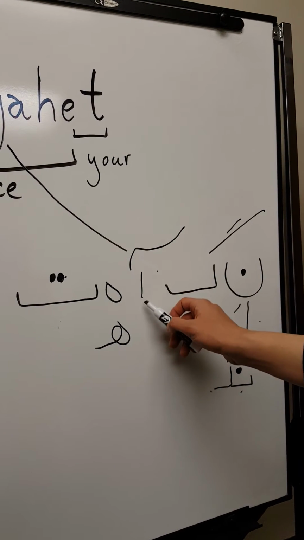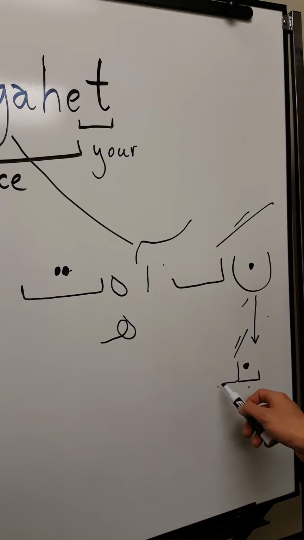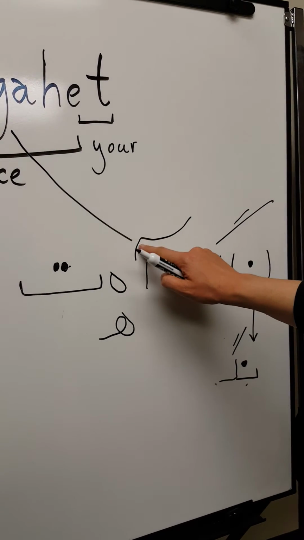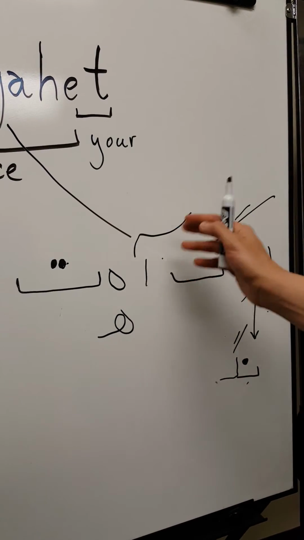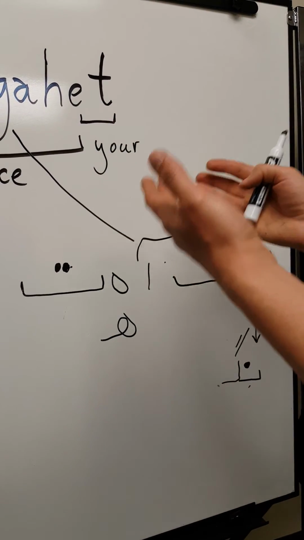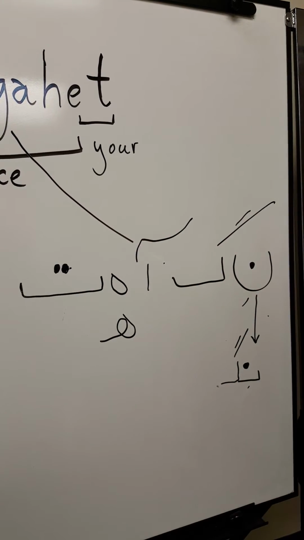And in order for you to attach letter A to letter G, you have to eliminate this umbrella-like shape that's all over it. Maybe like a cloud, maybe like an umbrella.